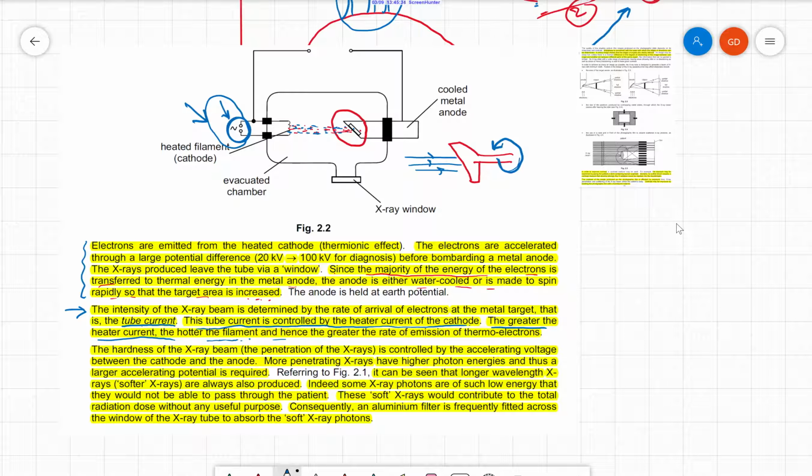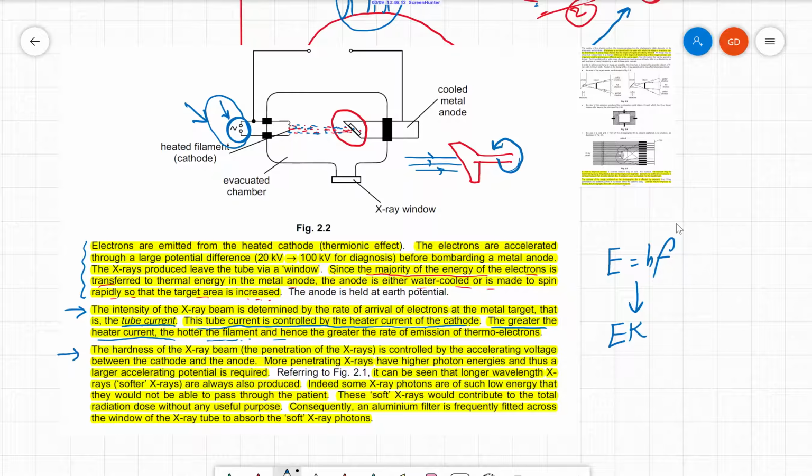Now, the second question is about the hardness of the X-ray. What does it depend on? The hardness of the X-ray is related to the energy of the X-ray, because the more X-ray energy, which is equal to hf, the harder the X-ray. This X-ray energy, as we knew before, is related to the kinetic energy of the electrons.